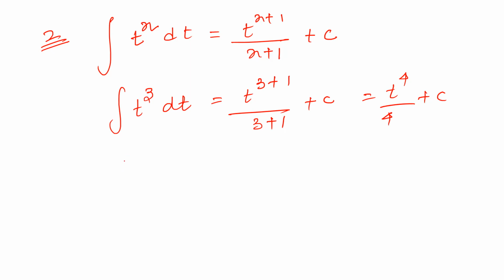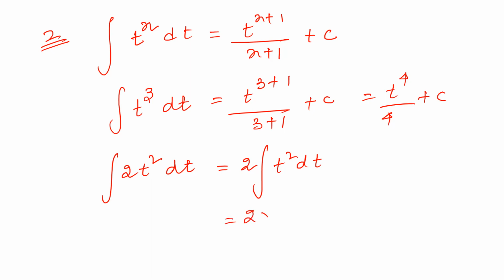As I have already told you, in differentiation or integration, suppose you are integrating the function 2t square dt. In that case a constant is present, 2. The constant will come out of the integration, because constants are not integrated. So we write 2 into the integration of t square multiplied by dt.